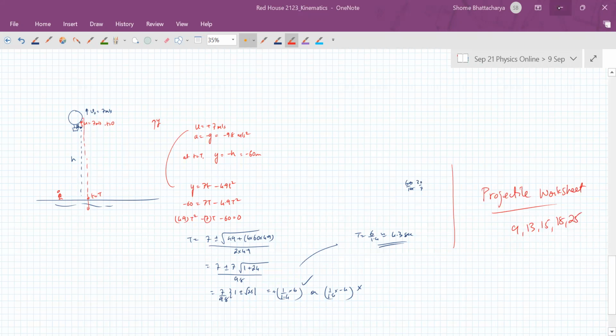So please refer to the projectile motion worksheet, we'll discuss.